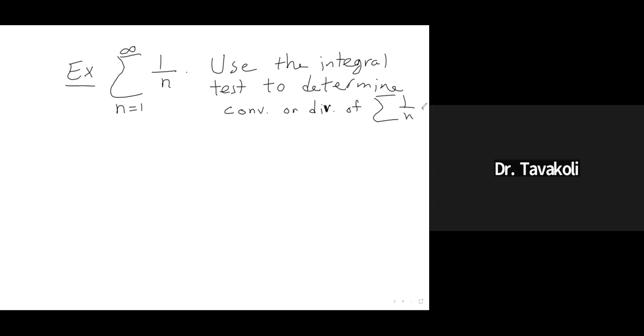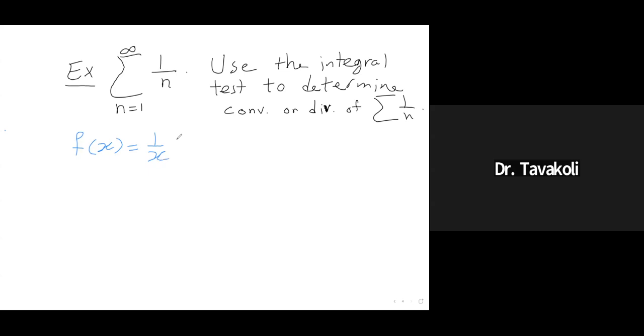So what function do you suggest that we use here and find the integral to see whether that integral is convergent or divergent? Obviously, the function that we have, since at any n, that function should be equal to 1 over n, so f of x is 1 over x.